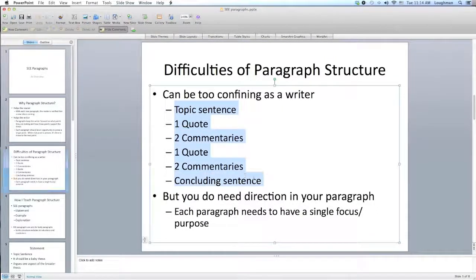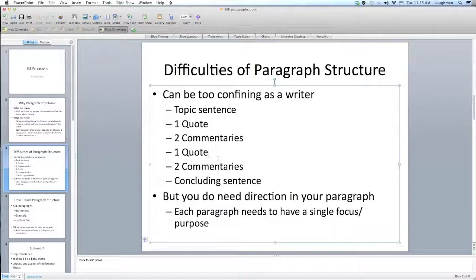I don't think she teaches this, but it's a good idea, but it's a little confining to where it prescribes every sentence. You have your topic sentence, put a quote. Talk about the quote in 2 sentences, put another quote, talk about that in 2 sentences, concluding sentence. There's no real wiggle room to be artistic, to be creative, to put your own spin on your own writing.